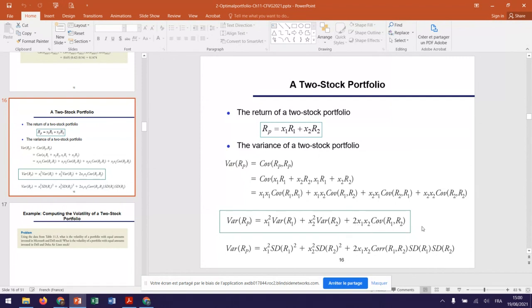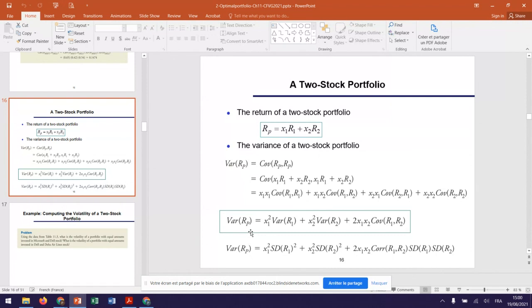Or if I express the covariance as the correlation multiplied by the standard deviations, I can get the variance of this portfolio, and if I take the square root of the variance, I know the volatility of these two stock portfolios.